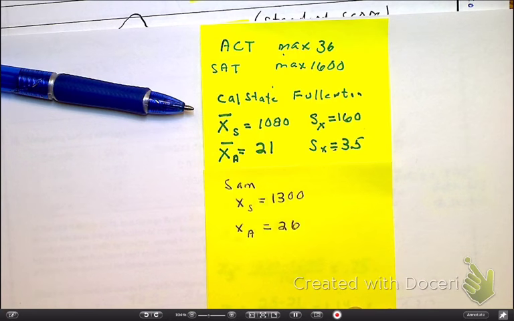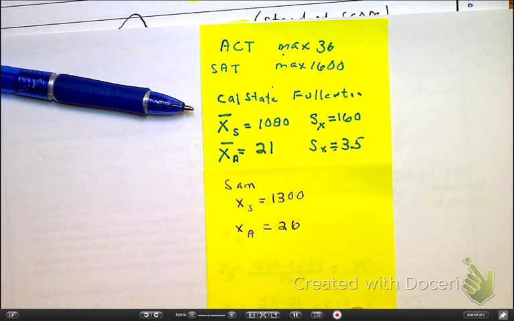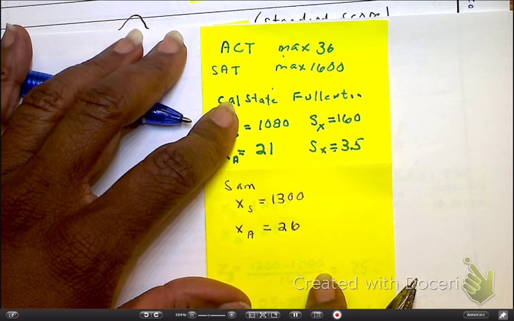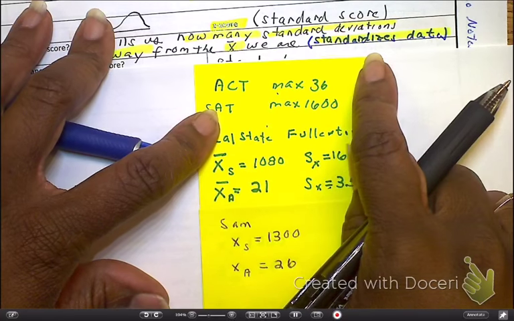Sam's trying to figure out which is the better of the two to submit. That means we have to do what we've been talking about right here. We have to standardize it.